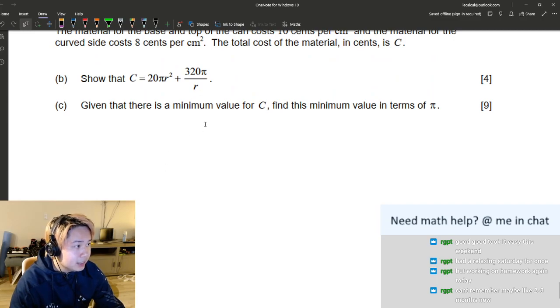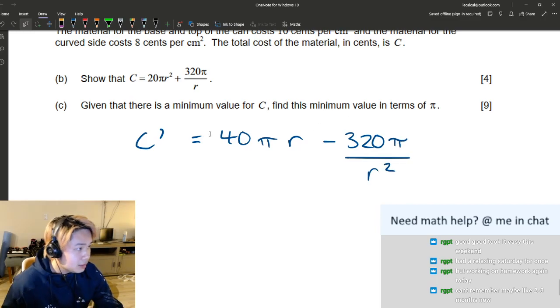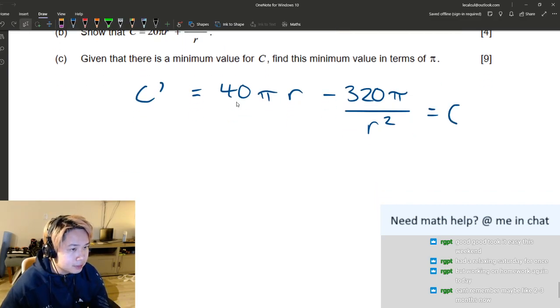Okay, next up, we know there's a minimum value for c, so find this in terms of pi. This is an optimization question, so we're going to find out what c prime is first. So we take the derivative, pretty standard stuff. And then I want to set this equal to 0 because I'm optimizing. And I'm going to solve this equation here.